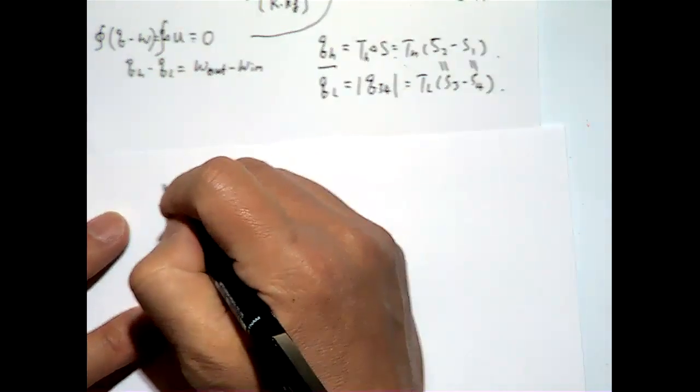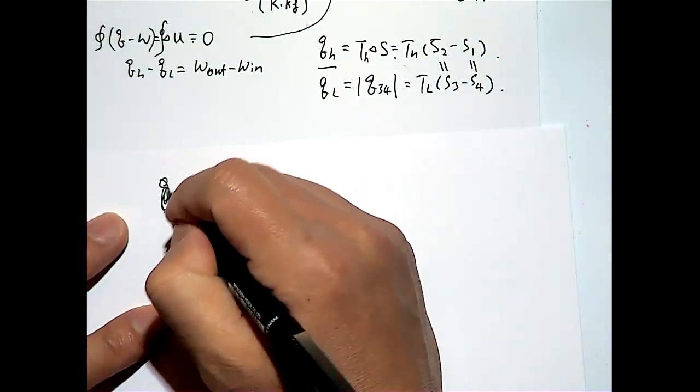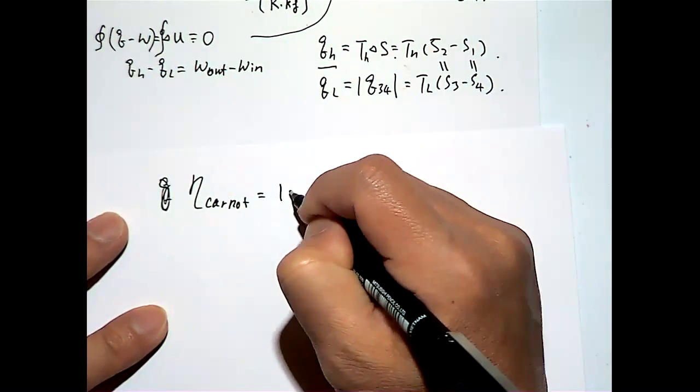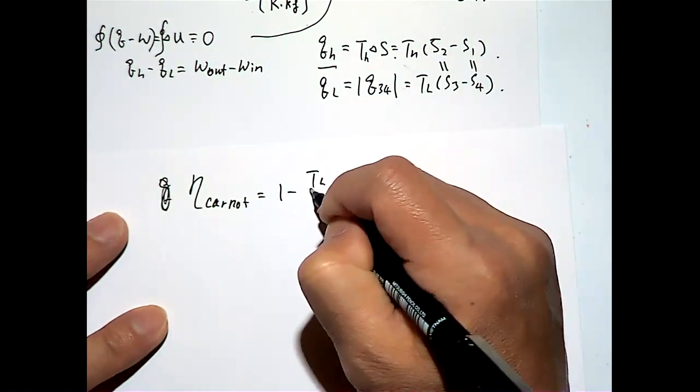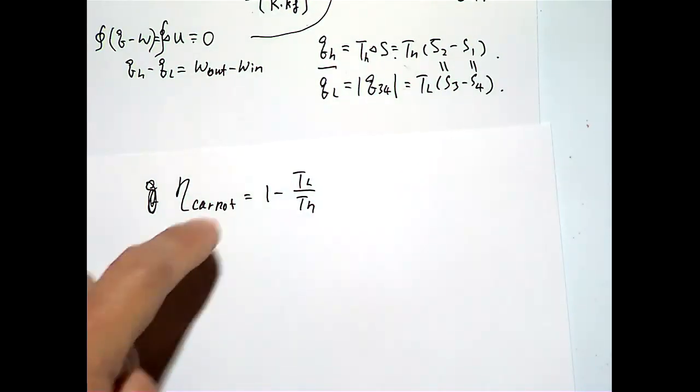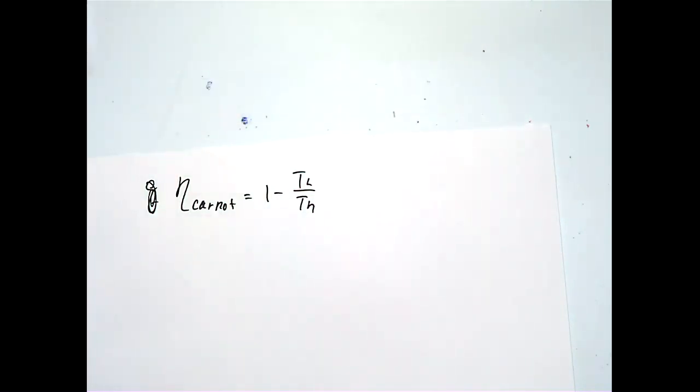we can find that the Carnot cycle efficiency can be written as 1 minus TL divided by TH. That's a more straightforward way of understanding things.